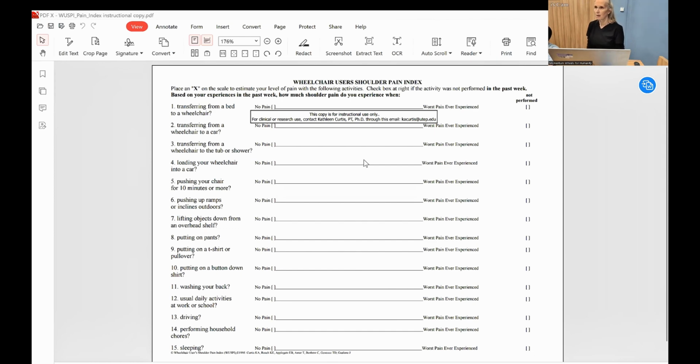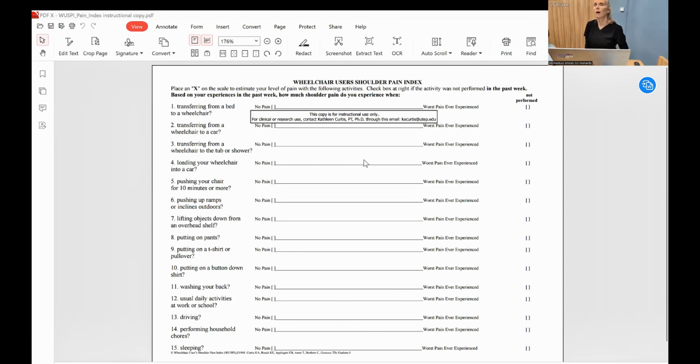Once that's done, this tool would be able to be used as a formal outcome measure in Ukraine.